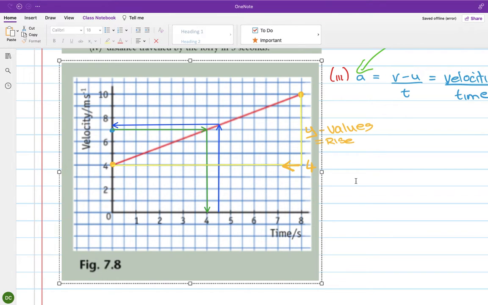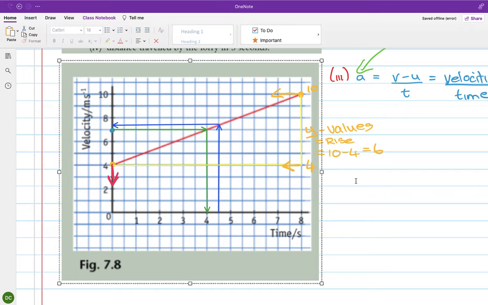And it goes up to 10. So 10 minus 4 is 6 for the rise. And then for the run, I'll just do it in pink. So the run, we're looking down the way.